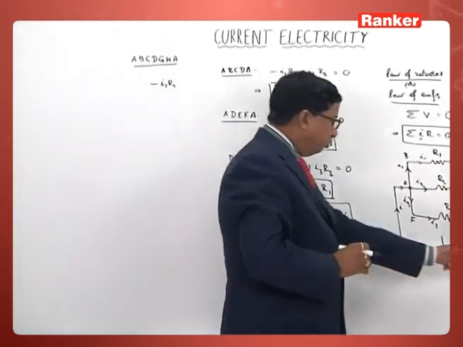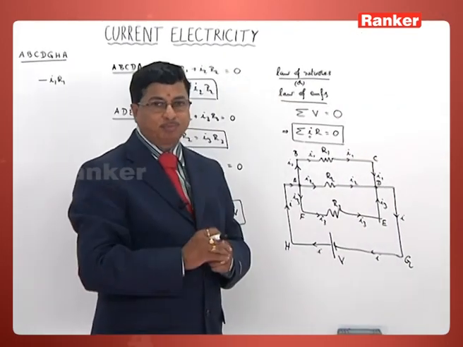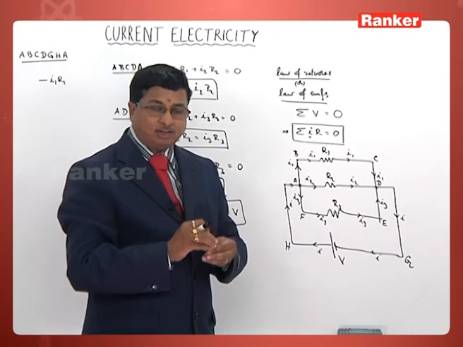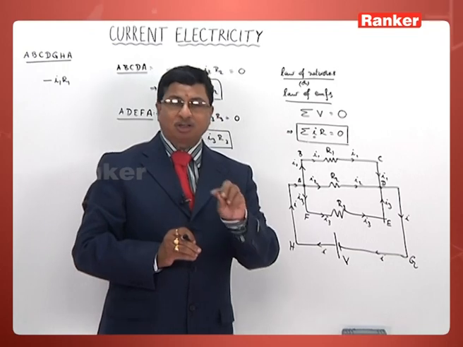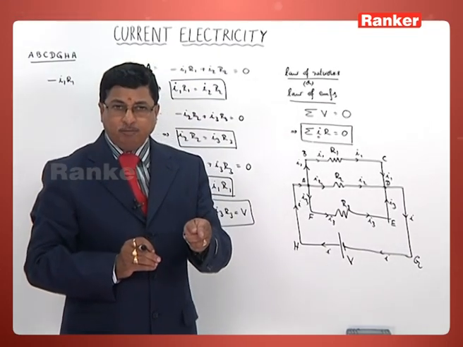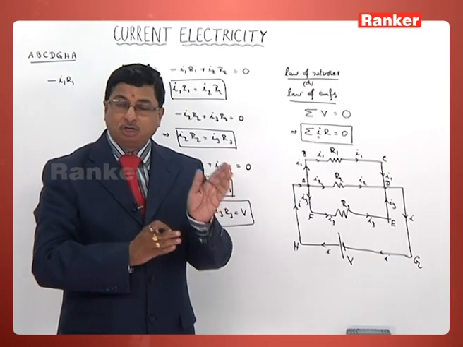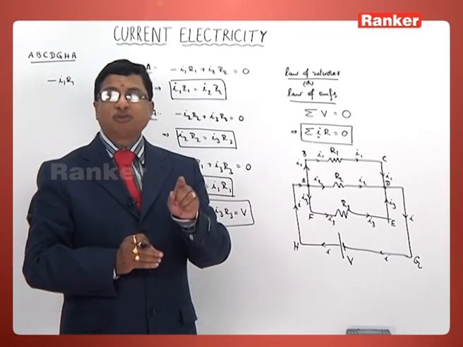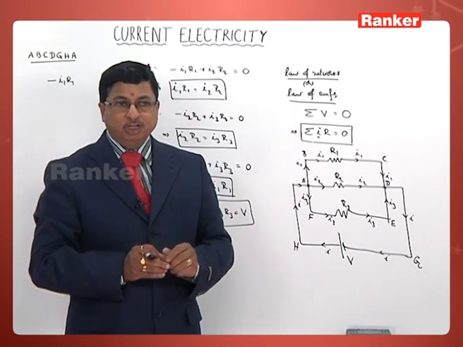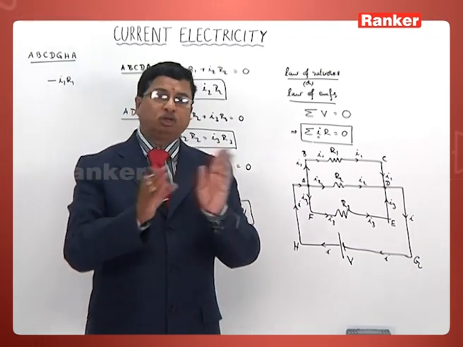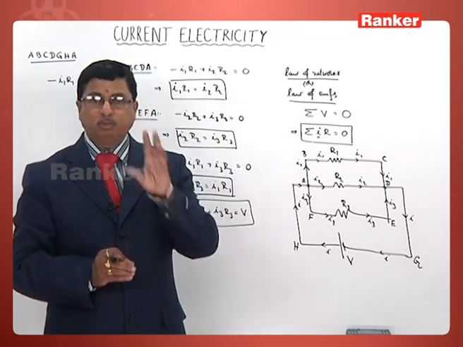And of course, while moving from G to H, we are crossing the cell. While crossing the cell, you have to remember the convention. When you are crossing the cell from positive terminal to negative terminal, then you should consider that potential with a negative sign. If you are crossing from negative side to positive side, then we consider that potential to be positive.